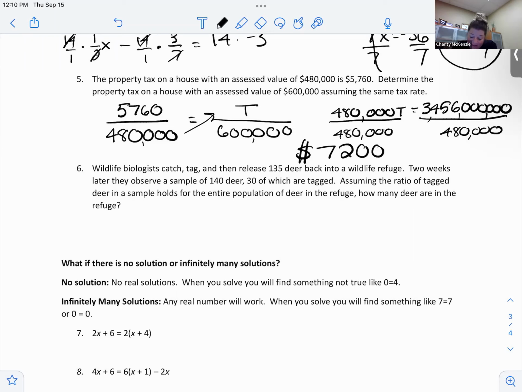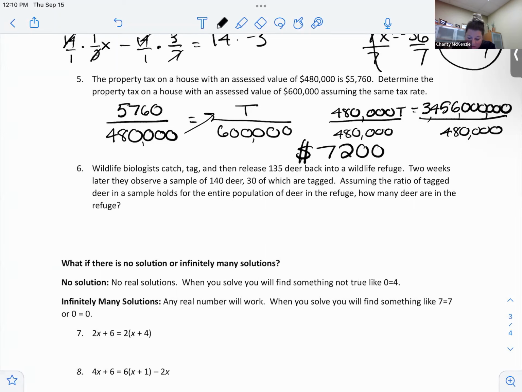A wildlife biologist catches, tags, and releases deer back into the wild. So they released 135 deer back into the wild. 2 weeks later, they observe a sample of 140 deer and 30 are tagged.